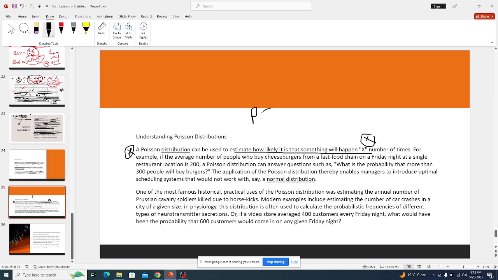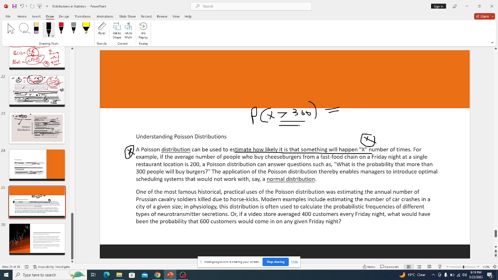So it will be the probability that x, where x is the number of events, is greater than 300. Here what we calculate is the probability that next Friday we might get more than 300 customers.